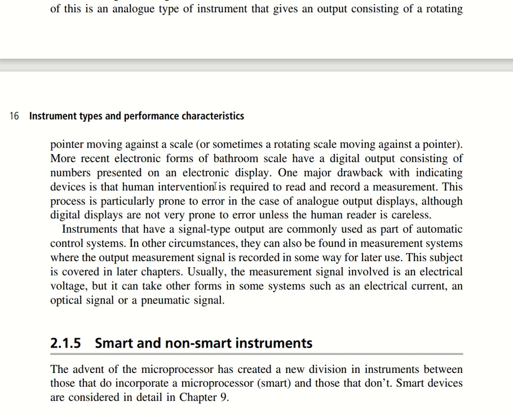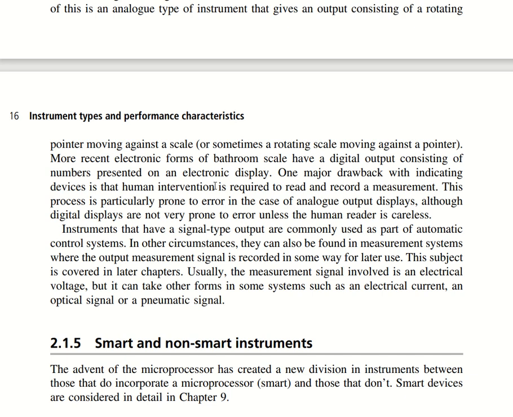One major drawback with indicating devices is that human intervention is required to read and record the measurement. So the process is particularly prone to error in the case of analog output displays, although digital displays are not very prone to error unless the human reader is careless. But instruments that have a signal type output are commonly used as part of automatic control systems.